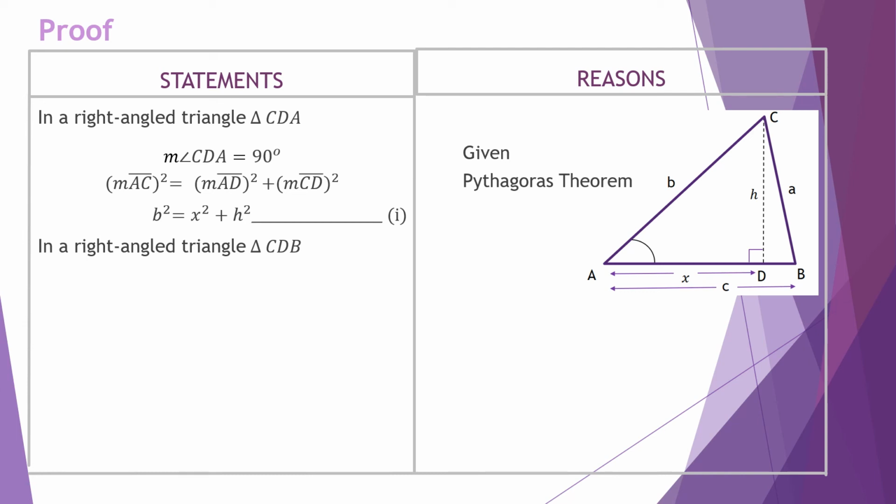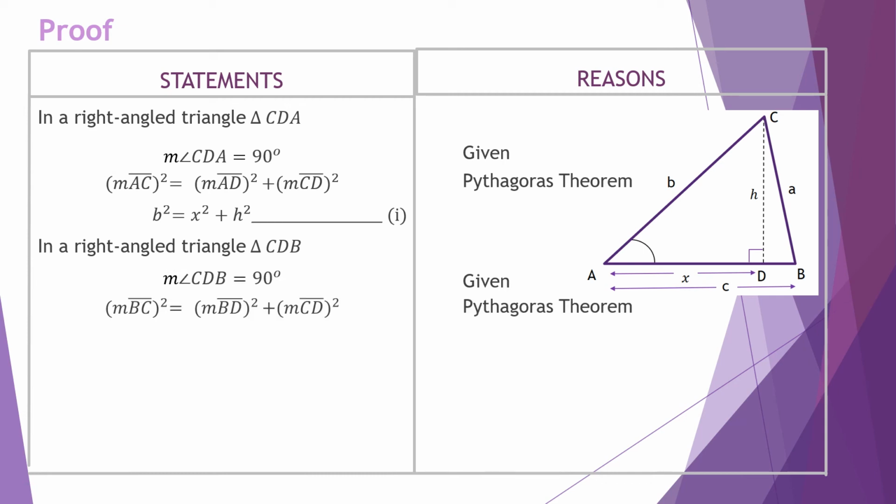So by Pythagoras theorem, measurement BC whole square is equal to measurement BD square plus measurement CD square. By replacing the values, we get a square is equal to, the value of BD will be c minus x. So we will replace (c minus x) whole square plus h square.